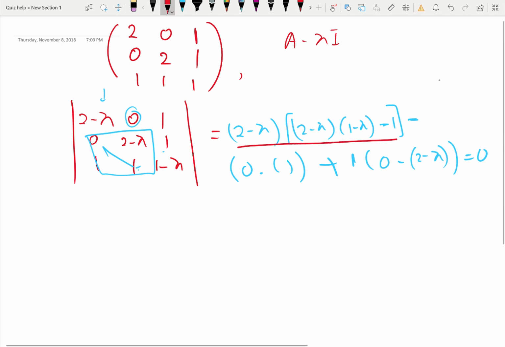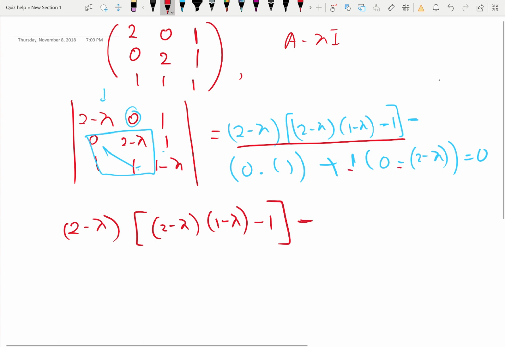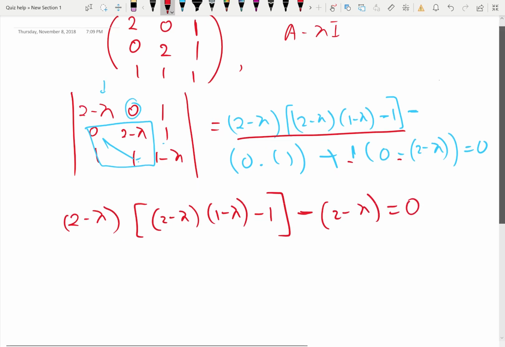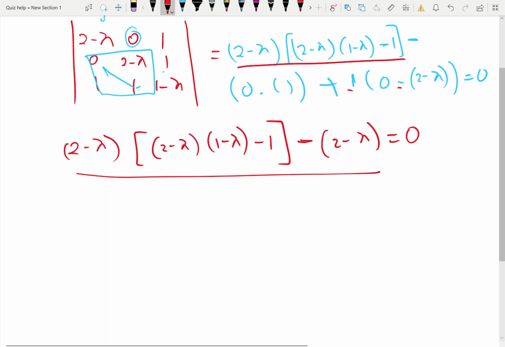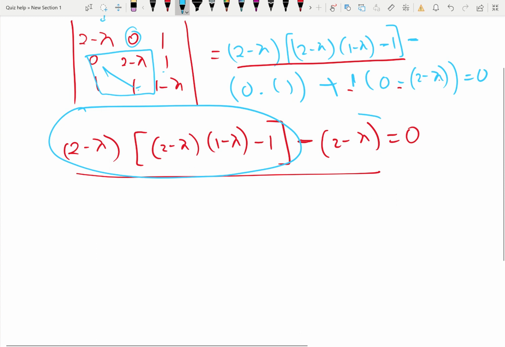So let's simplify. Now here we can save a lot of time if you let this term be like this, and you can see from this term versus this term you can factor out a 2 minus lambda, right?